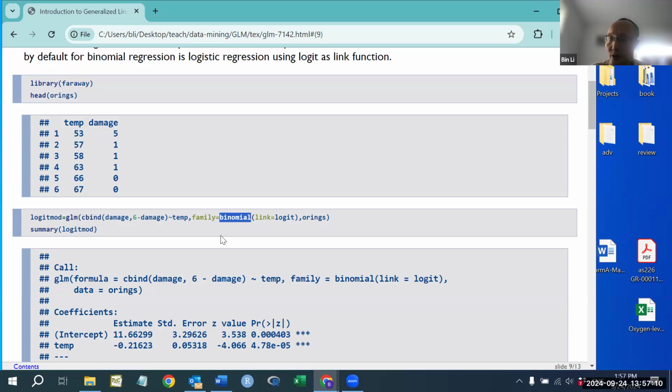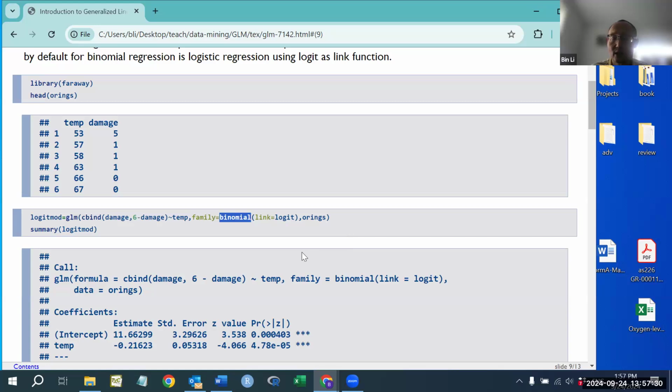But remember, for the binomial response variable, logistic regression is not the only one. We can have some other choice, like a probit regression, that also applies to the binomial response. So you need to make sure to specify the link function.